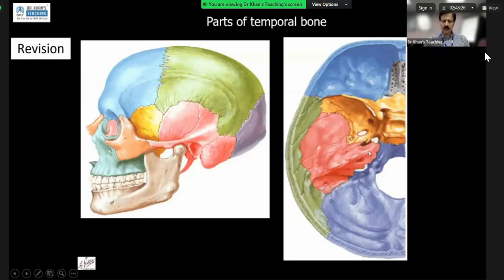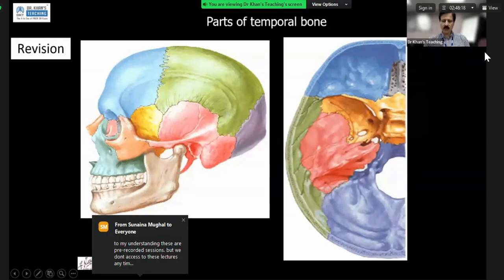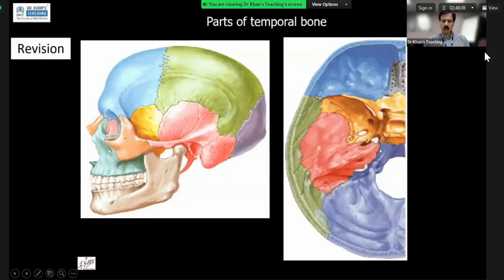If you see the global picture, here it is joined with the occipital bone and also with the sphenoid bone. So there is a synchondrosis here, the basi-sphenoid synchondrosis. There is a fissure here, which is the petro-occipital fissure.